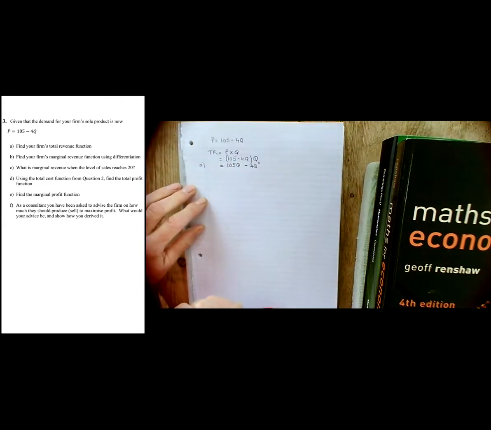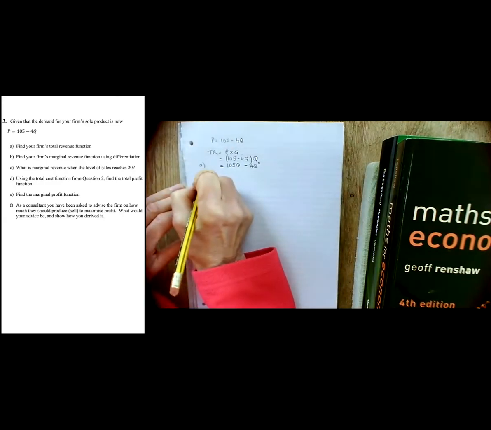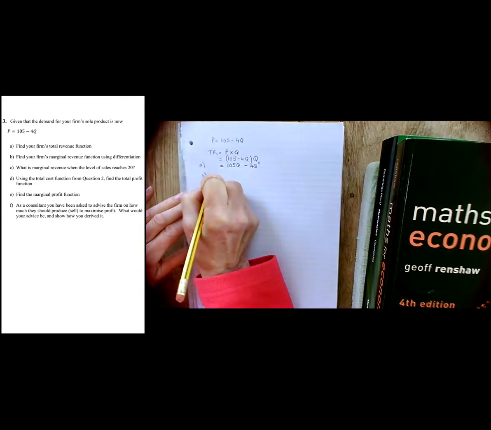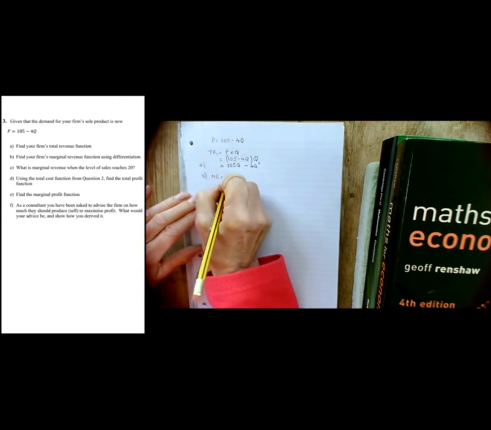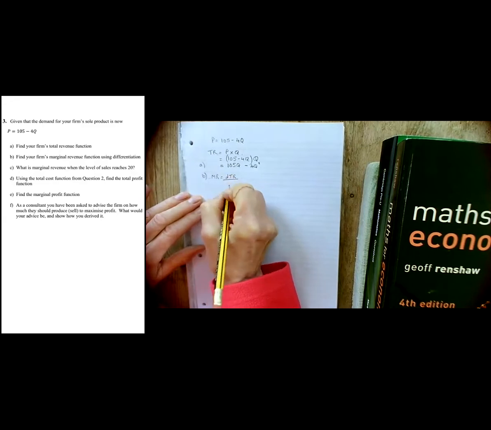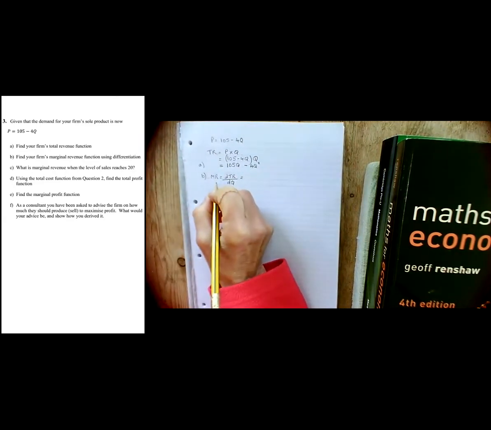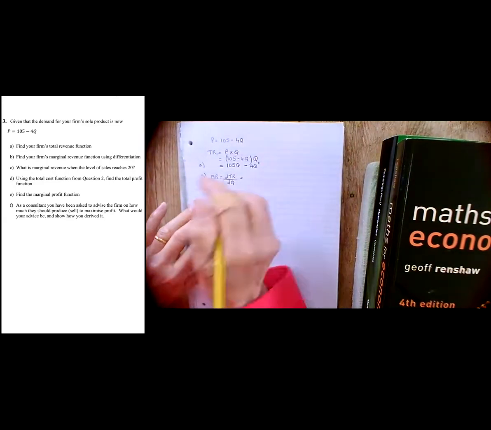B, find the marginal revenue. So marginal revenue is the same thing as the differential of total revenue with respect to Q. It doesn't matter how we write it. And that's differentiation.